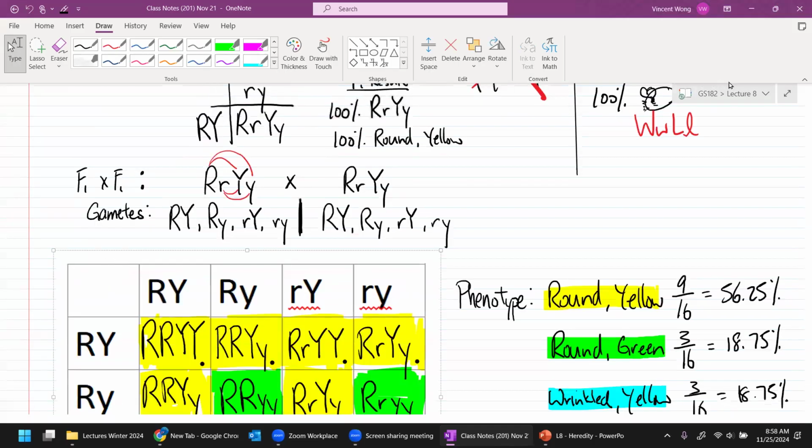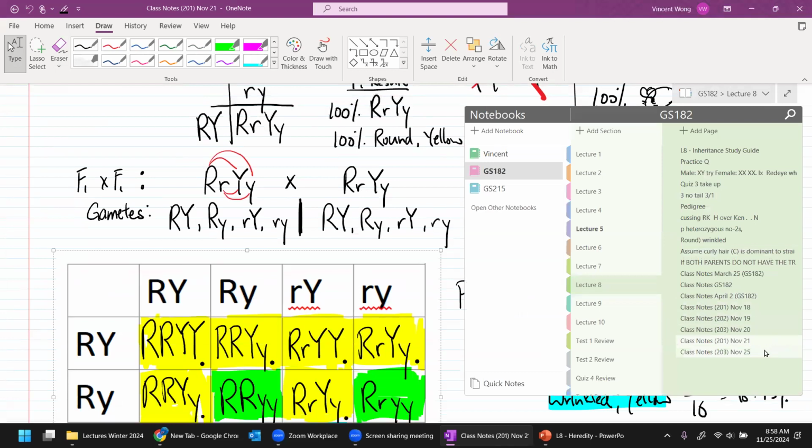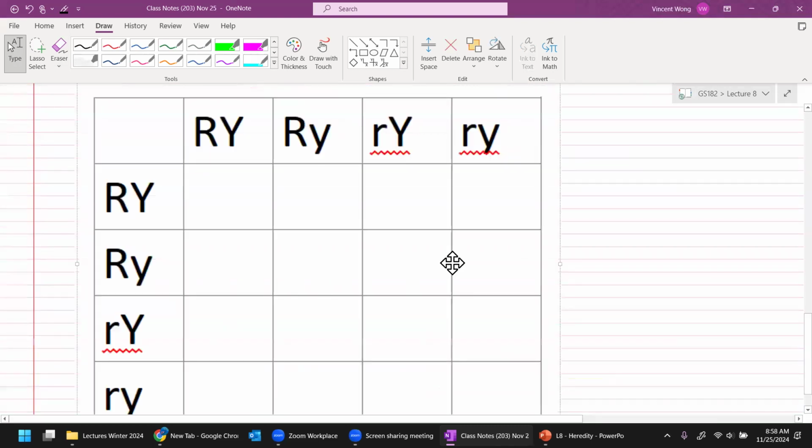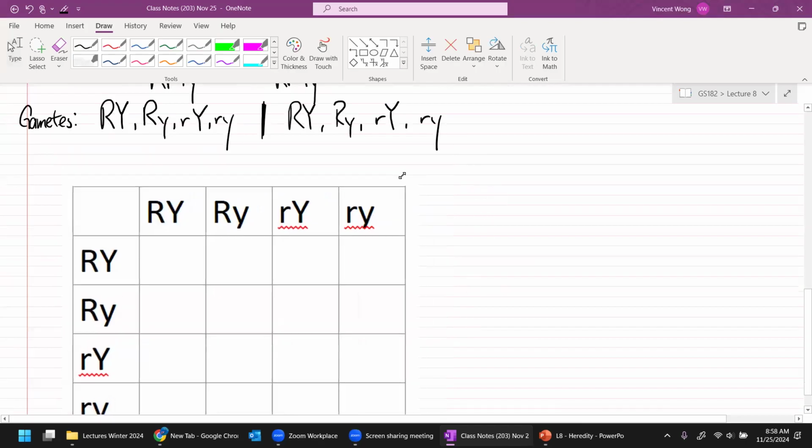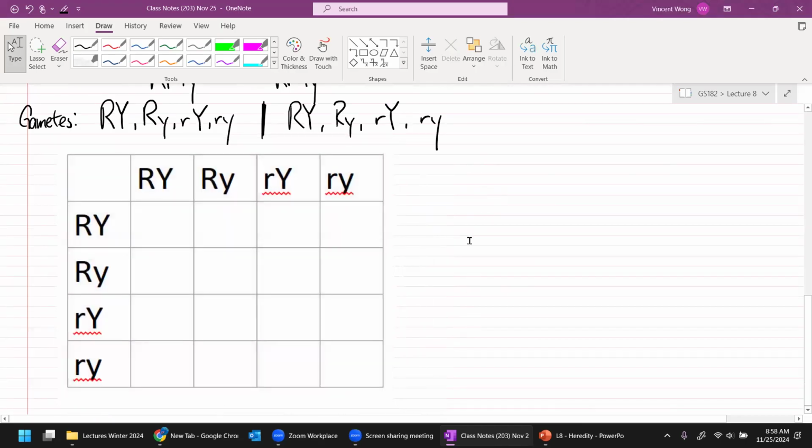Give me a second. All right. So you can reproduce this in your notebook, and basically these gametes go here and those gametes go here, right? You understand? You just copy them, right? And then now you got to do it 16 times, okay? All right. And that's what I'm gonna come around and watch you do it, okay? Go, go, go.